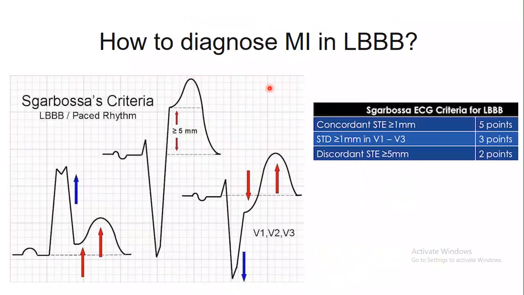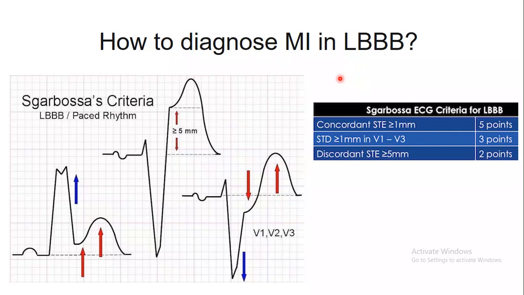Finally, how to diagnose myocardial infarction in bundle branch block. As we said before, normally with bundle branch block we have secondary ST segment and T wave changes that are always in the opposite direction of the QRS complex.